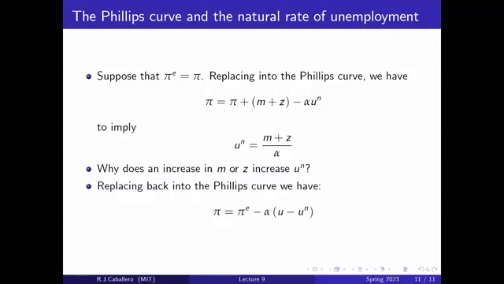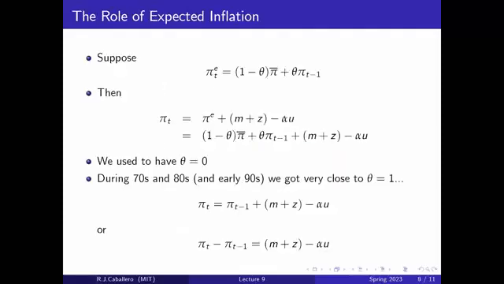Okay, and now the last step. The last step is to, you see, I can go back to my Phillips curve, and I'm going to replace m plus z for alpha u^n. I can do that, you see.